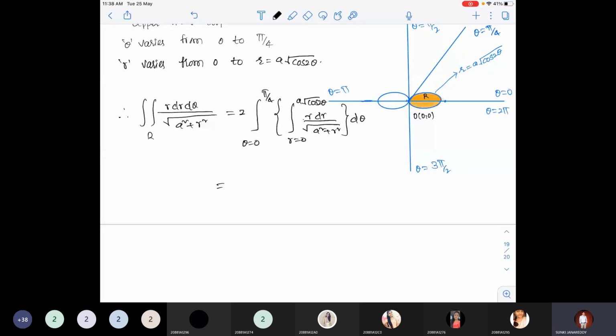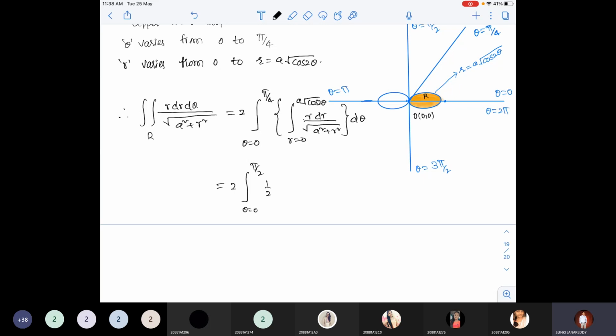What can we get here? Tell me. Here 2 into 1 by 2 into integral, sorry, 2 into integral theta is equal to 0 to pi by 4.